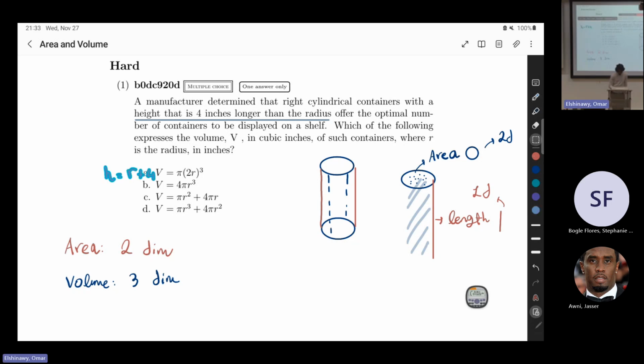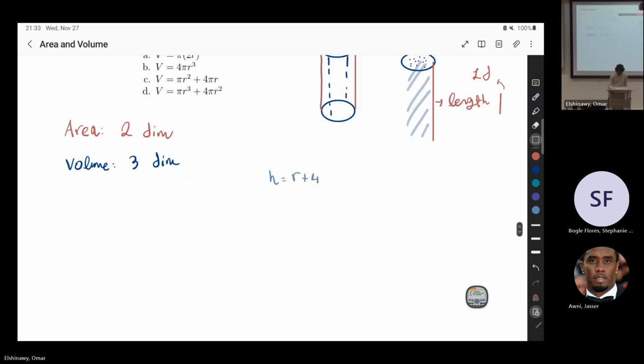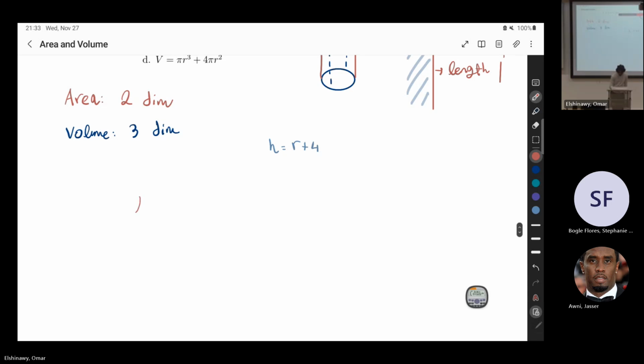So the length is h, right? We said length of the line times the area of the circle. Now the length of the line is h, right?